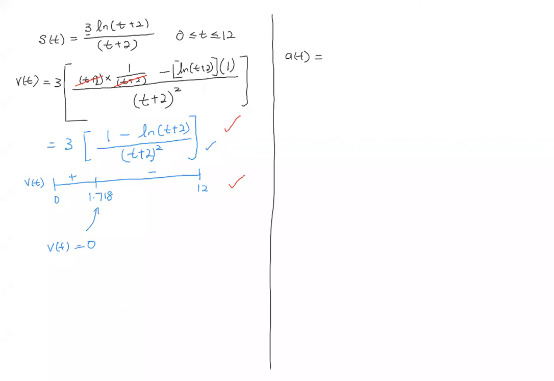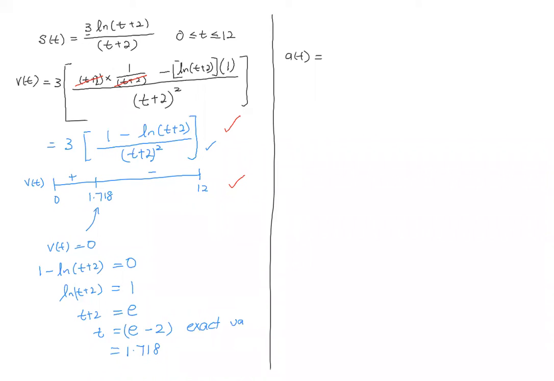I have 1 minus ln of t plus 2 equal to 0, so ln of t plus 2 is equal to 1. So t plus 2 is equal to e, so t equals e minus 2. That's why I got 1.718. This is the exact value.